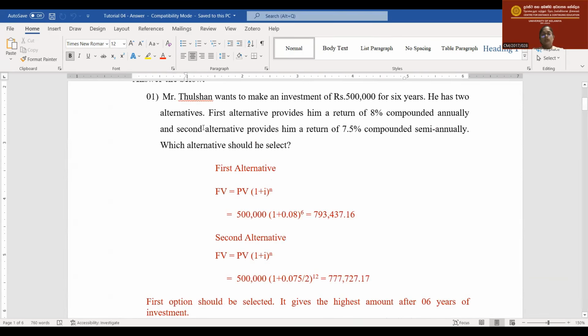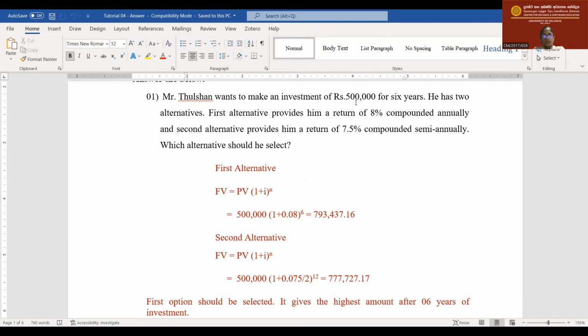Here, this 500,000 is today's value, or the present value. What we have to do is calculate the future value in order to select which option suits him, which alternative is better for him.